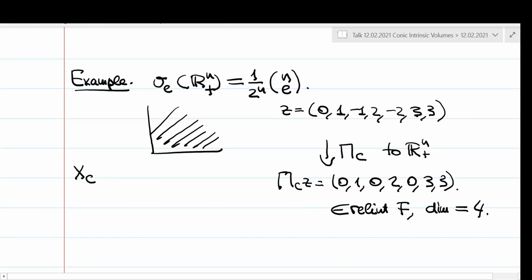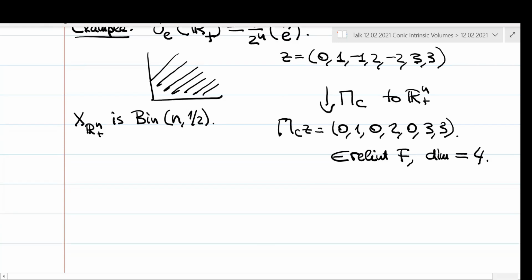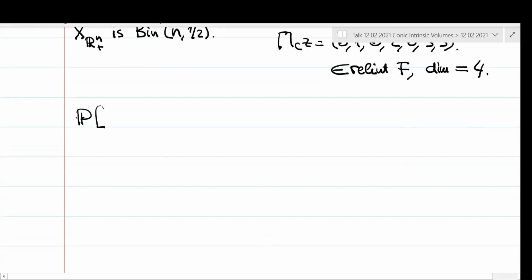And this means that the corresponding random variable is binomial, exactly, with parameters n and 1/2. So these are the conic intrinsic volumes of the orthant in dimension n. And now the asymptotic properties of this random variable, for example the central limit theorem, the most important thing, determine the phase transition in the problem we started with, namely the probability that the solution in the orthant is unique.